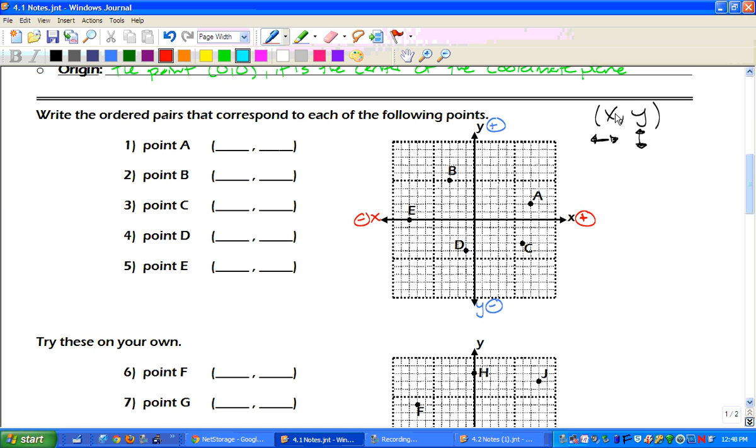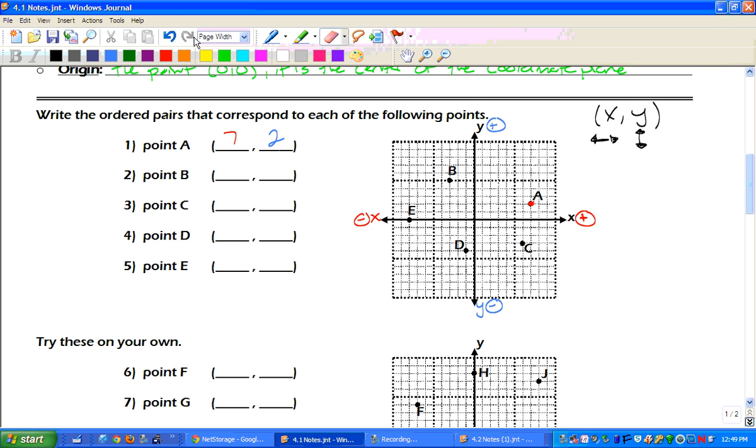So to get to point A, which is right there, first we need to go right. How many numbers to the right do we need to go? 1, 2, 3, 4, 5, 6, 7. I need to go 7 to the right, and then we need to go 2 up. So point A is (7, 2).